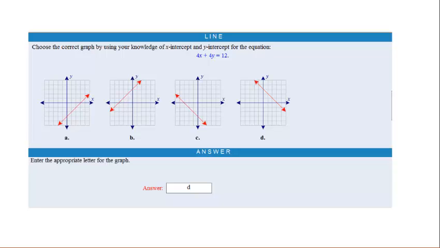We wind up with y equals negative x plus 3. This tells us that we have a negative 1 for slope, and (0, 3) is our y-intercept. Remember, b is your y-intercept in the y equals mx plus b formula.